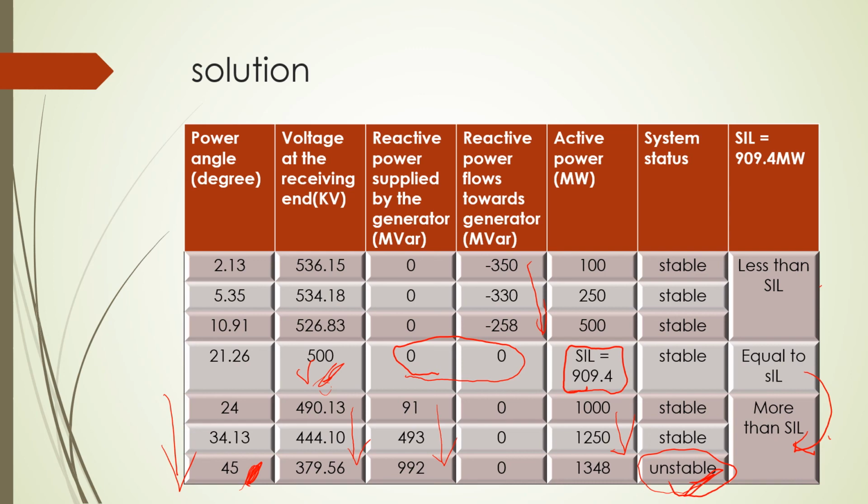If we want to operate our system, we should operate between 21 and 34, around 40°. Going beyond 40° is not advisable. And here the steady state stability limit, the maximum power we can transmit, is around 1348. We can go up to 1300.